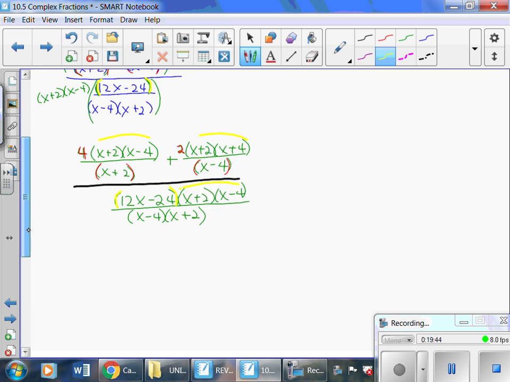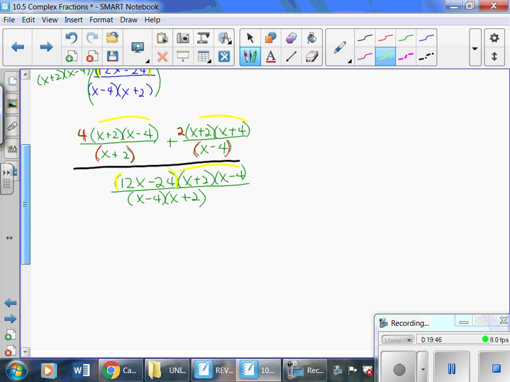So now it's cancel time. This is my favorite part. So the x plus 2's cancel, and I do one at a time. Don't cancel through the whole thing. It makes things very confusing. So here's my big fraction bar. What's up in the top left here? Like I said, these two canceled. So I'm left with the 4 times x minus 4 on the left side.